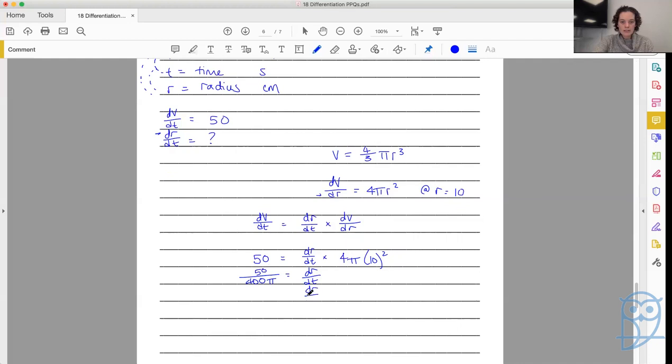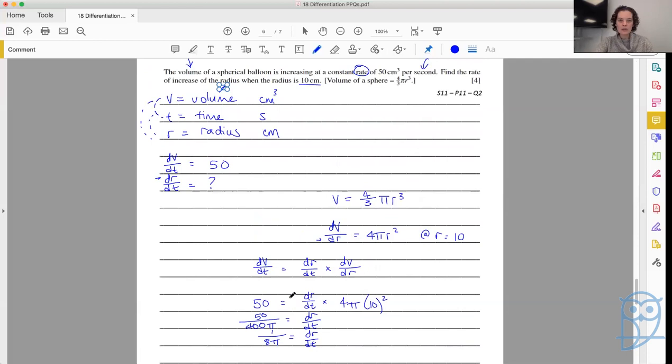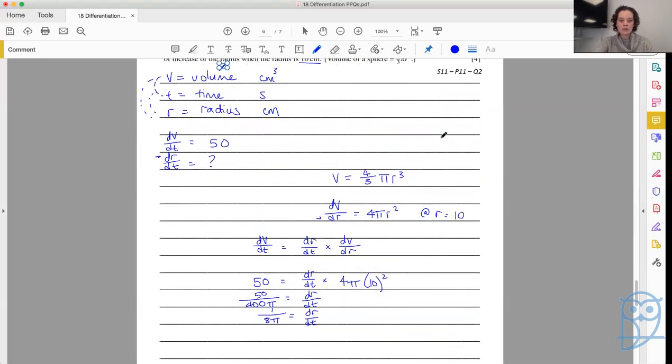So dr by dt, we do not want to leave our fraction unsimplified, 1 over 8 pi. Straightforward and simple fraction. It is exact, so we would leave it like that. In this case, we're not going to take it to three significant figures. We weren't told to, so we won't. We'll leave it as the rate of increase of the radius with respect to time is 1 over 8 pi, and it's going to be centimeters per second.